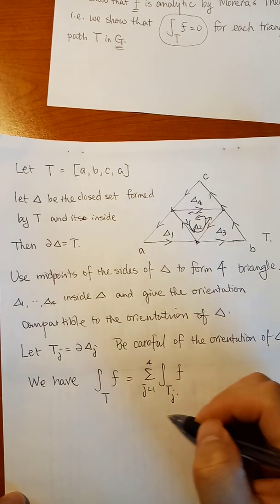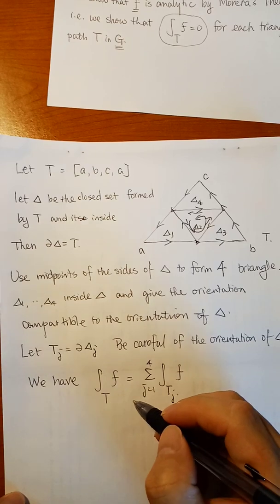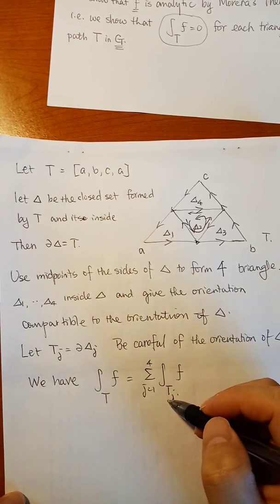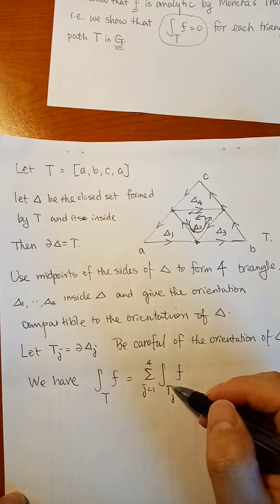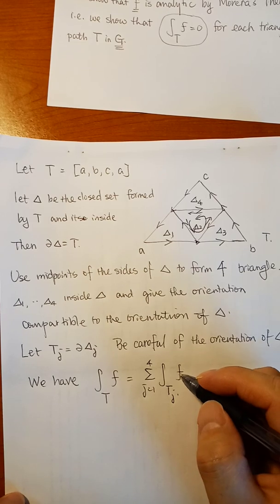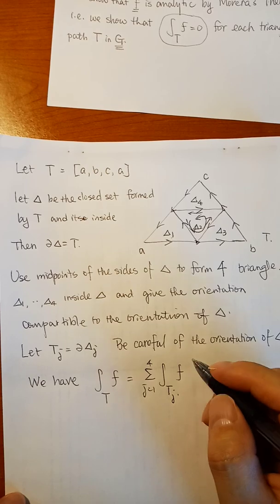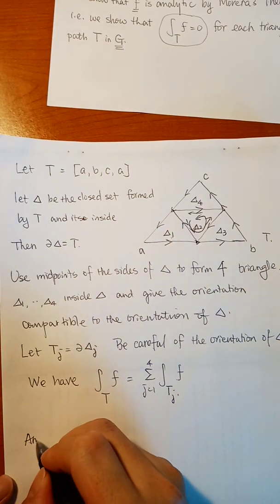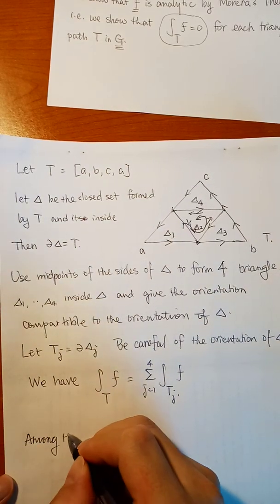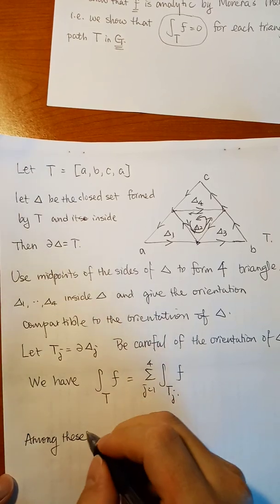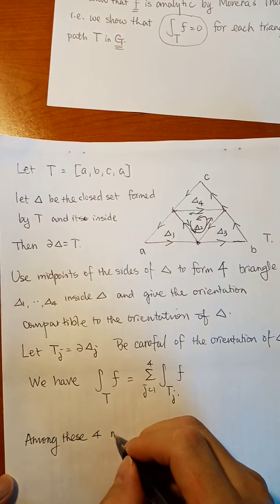Okay, so you have a number as a sum of 4 numbers. Among these 4 numbers, we can find one so that it has the largest absolute value.